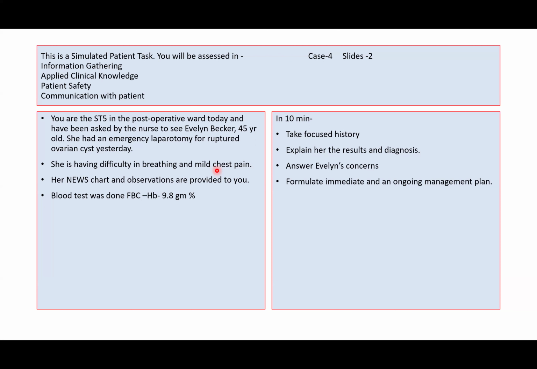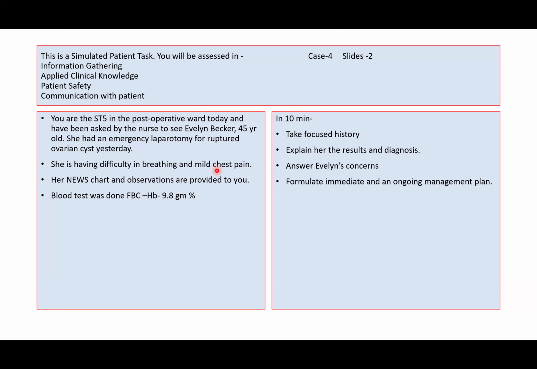I didn't know about it. And when I came, I was having severe pain, and I was told that the cyst had ruptured, and I was taken for emergency open surgery. Okay. Any other medical conditions for which you are following up with the GP? No. Any diabetes? No. Was anything like blood thinning agents given to you?